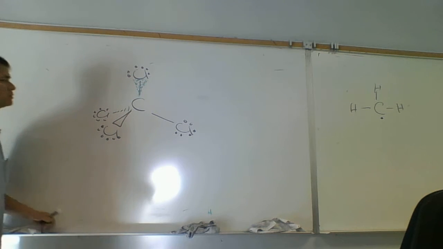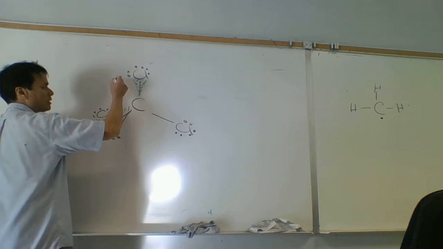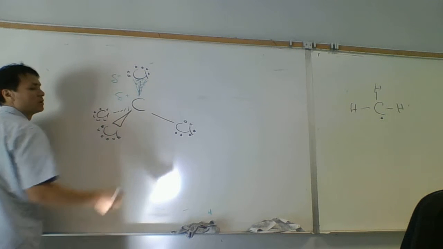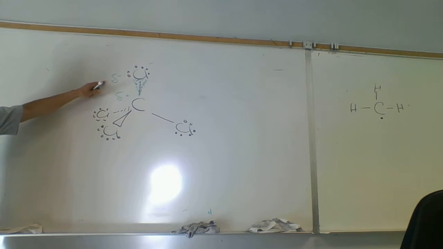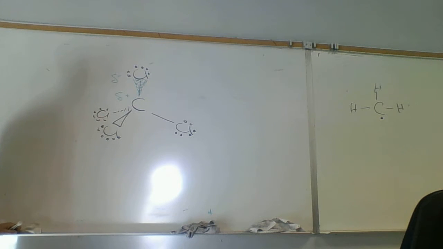So that results in something like that. When the electron cloud is distributed asymmetrically like this, one end gets more negative charge, the other gets more positive charge. And so we have set up a delta minus and a delta plus. You know what we call this? We call this a bond dipole. It has a positive end and a negative end, two poles, dipole.